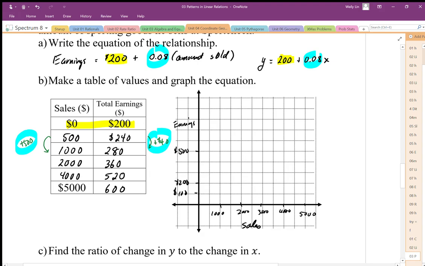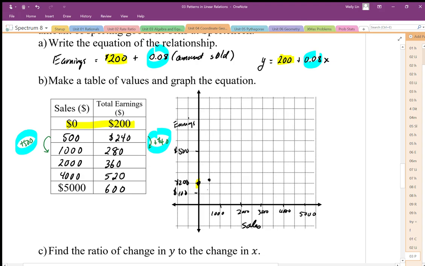We're starting at $200. So on my graph, this position is called the y-intercept. And then we're going to go up using this pattern of change. So for every $500, we're going to go up $40. So maybe about there, right? $240 looks like it's right about there.